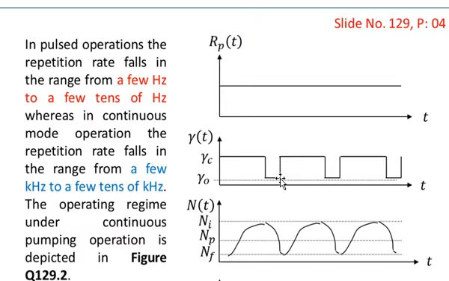And again, when the switch is closed, the value increases to gamma C. And then when the switch is opened, again the value falls to gamma naught. So with the periodic switching of the Q switch, the losses also switch from gamma C to gamma naught, and from gamma naught to gamma C. Whereas Rp as a function of time stays constant, that is, the pump rate stays constant with time.